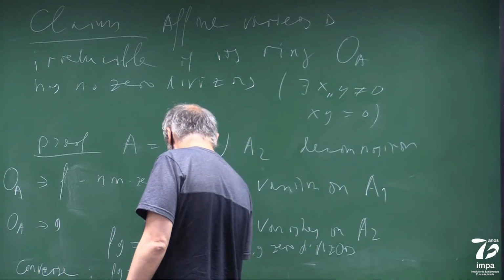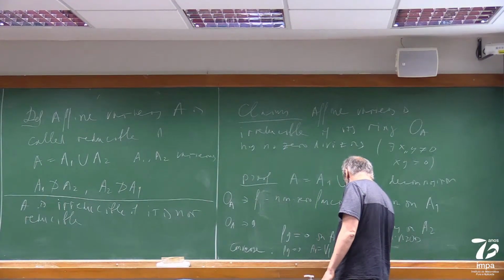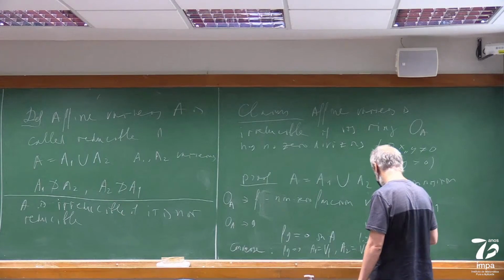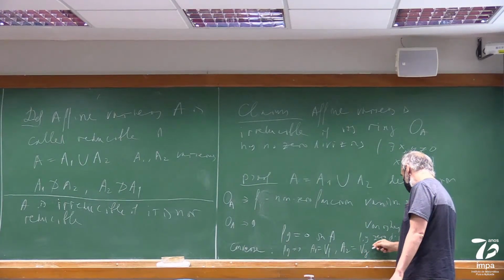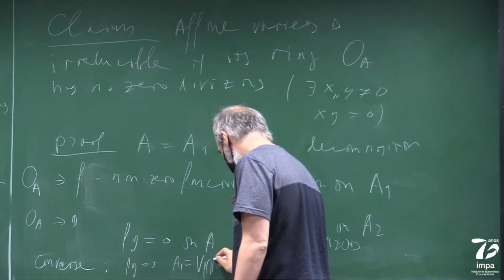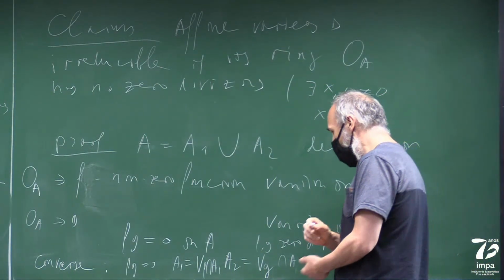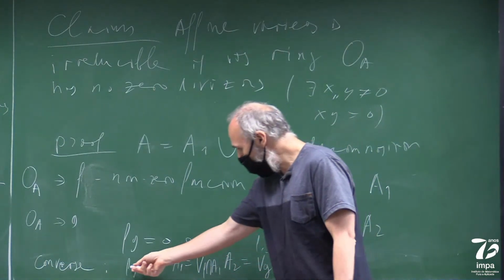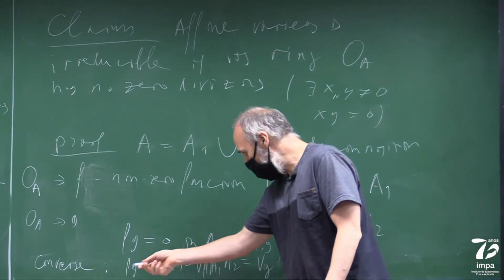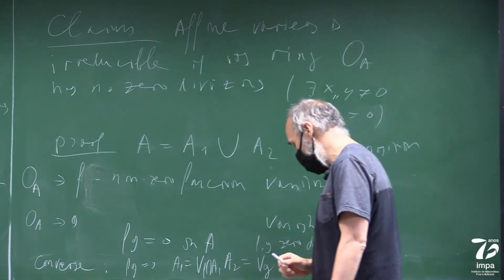We define A1 as the zero set of f, and A2 as the zero set of g, intersected with A, of course. So it's the zero set inside A. There are two sets, and their union is A because fg is equal to 0. For each point in A, either f or g is 0. And this means that the union of these two sets is the whole A.